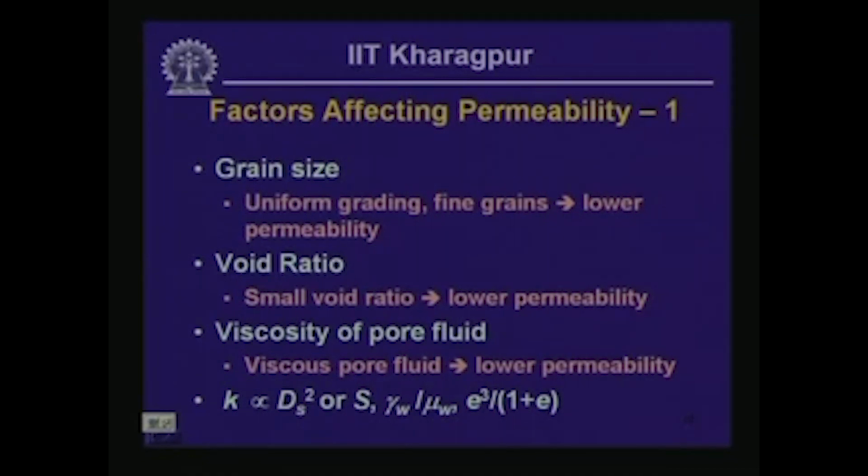Now, what are the factors that inhibit groundwater flow? Those same factors are also going to be affecting permeability in the long run. So, what are those factors? First of all, grain size is an important factor.